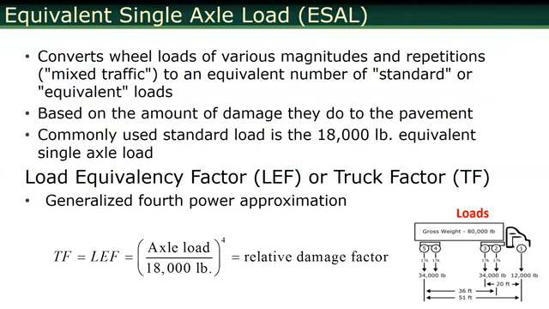This relationship says that for any axle load, let's say we have 34,000, or actually in this case it's 17,000 each, but let's say 17,000 in one axle for this particular truck, divided by 18,000 to the power 4 is the relative damage that this axle makes with respect to this standard 18,000 axle truck.